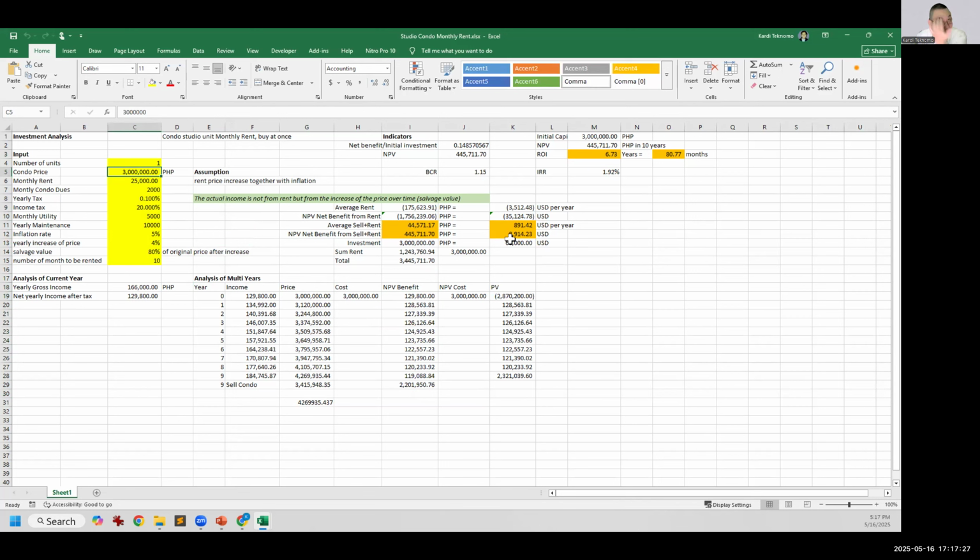So practically the developer earns the benefit rather than you who buy the condo unit. So the IRR is very low. It is lower than an actual loan.